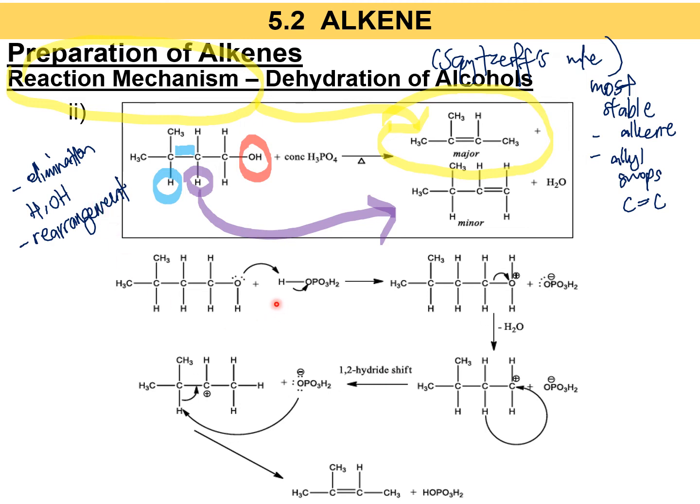Okay, here the steps are the same, more or less like previously, where we protonate the alcohol, where the oxygen of this alcohol, this OH, the oxygen's lone pair will take hydrogen from the acid catalyst. Then this hydrogen will break away from the rest of the acid catalyst.